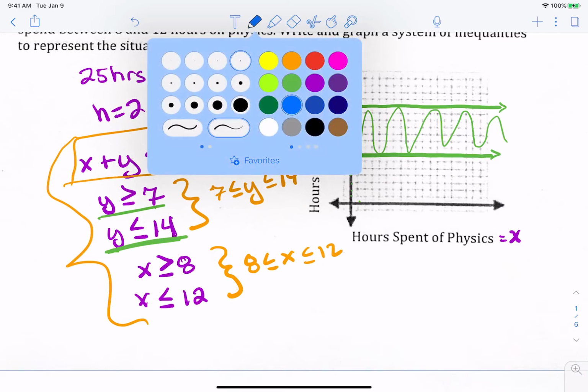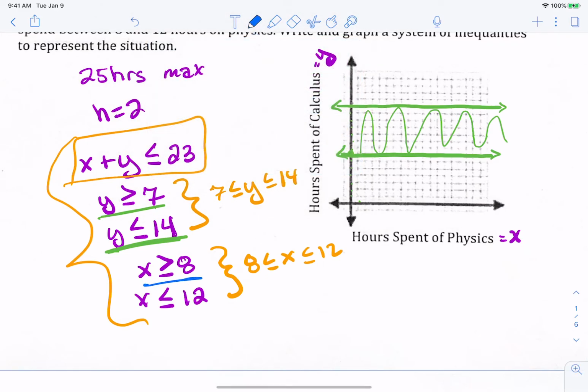Same thing. Now let's do physics. My X's have to be between 8 and 12. So let's do a vertical line at 8 and a vertical line at 12. 1, 2, 3, 4, 5, 6, 7, 8, and 9, 10, 11, 12.